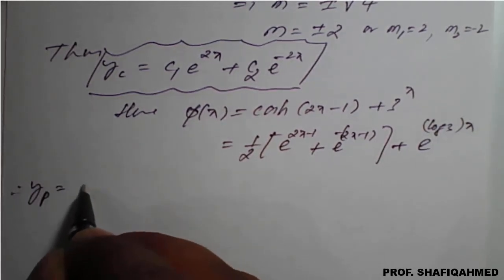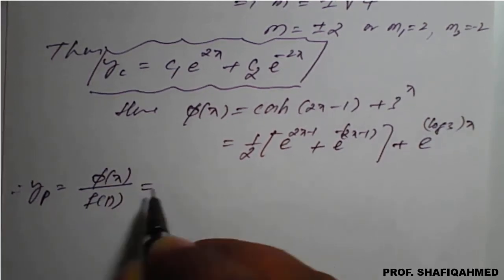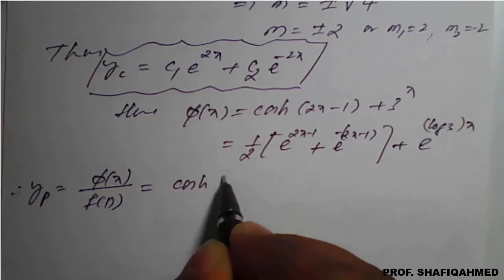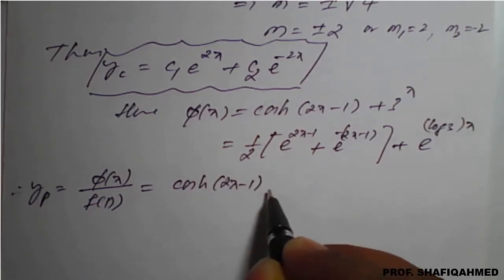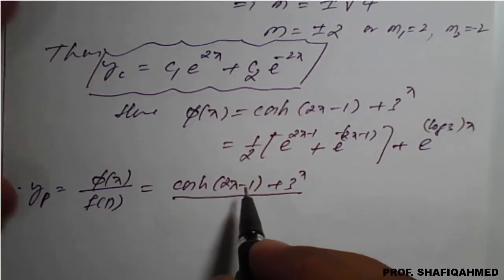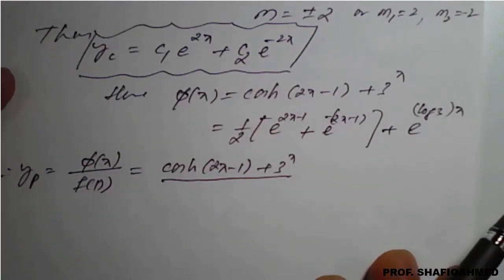Therefore yp is equal to phi of x divided by f of d. So this is the complete phi of x, that is cos hyperbolic of 2x minus 1 plus 3 raised to x, divided by f of d. So f of d is nothing but the coefficient of y, that is d square minus 4.